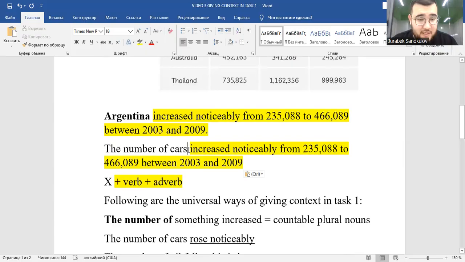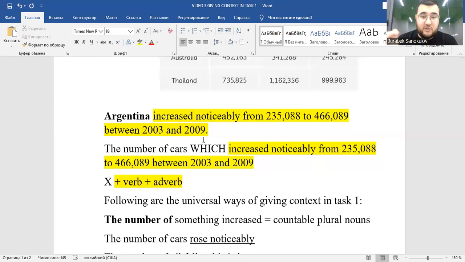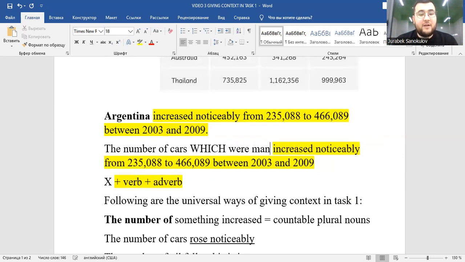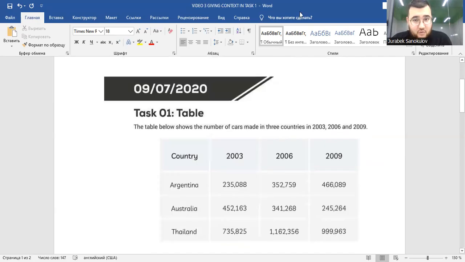And then what I will do is that I should ask this question: which cars? Which cars are you talking about? Answer this question. So to answer this question, you can use relative clauses. I'm just going to show you different ways. Which were manufactured, because the question says made.